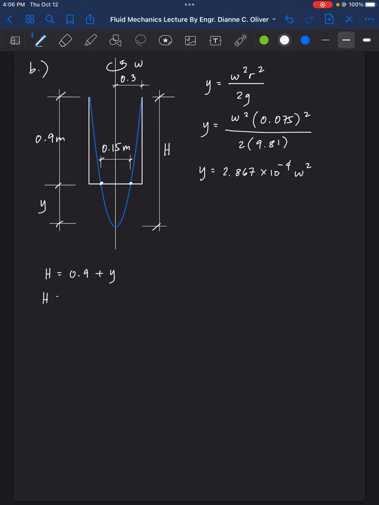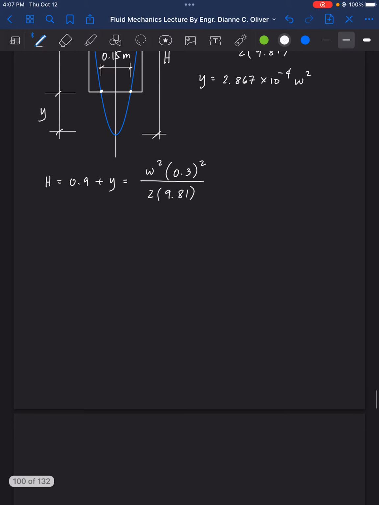So total height for the paraboloid is 0.9 plus y, and let's equate that. So h is equal to 0.9 plus y equals omega squared, the radius is 0.3 squared all over twice of gravity.